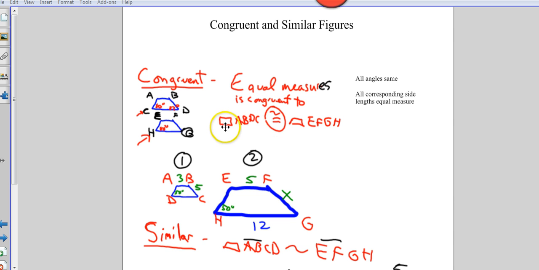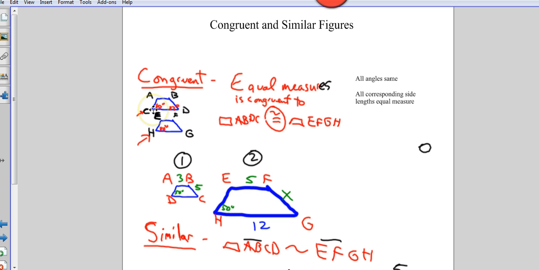I've got quadrilateral ABDC is congruent to quadrilateral EFGH. It's important to notice it doesn't say ABCD, because of the way this figure is drawn.